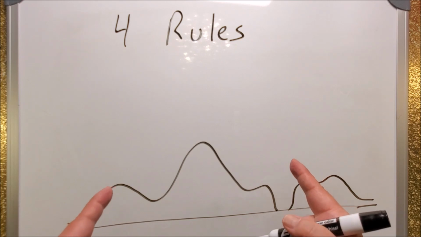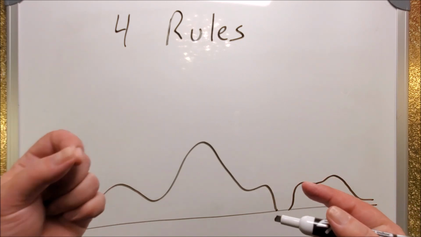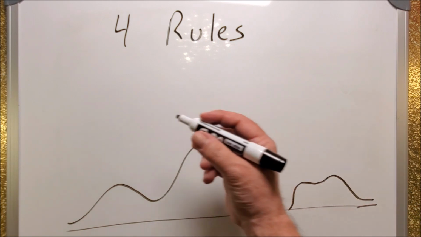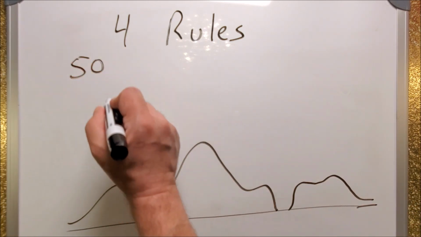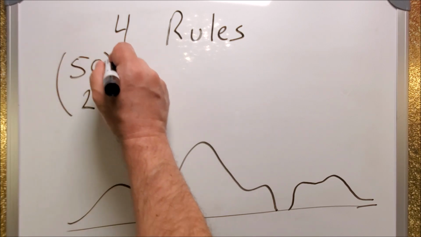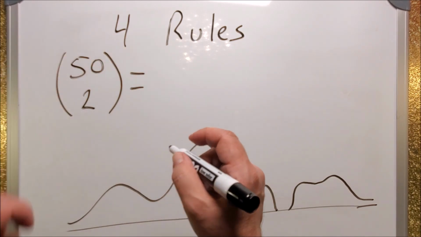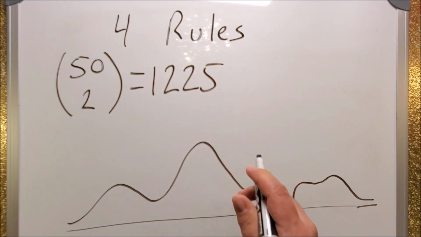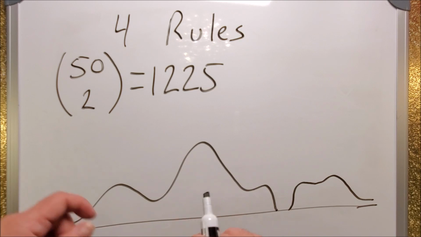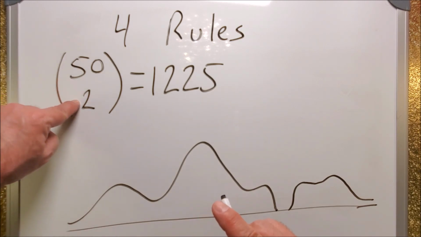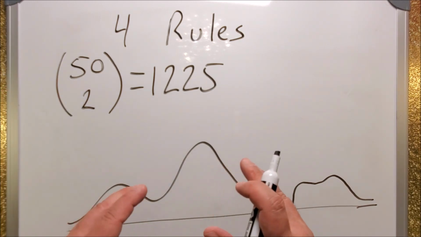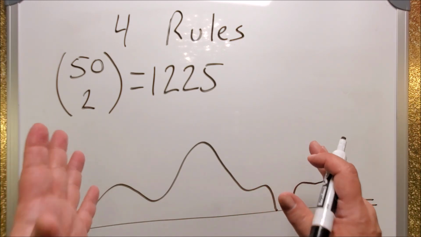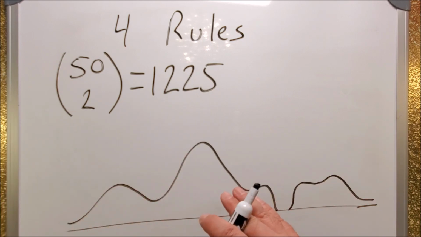Please remember that we have an enormous number of samples possible from a population. If you'll remember, when we had a population of 50 and we were taking samples of 2, the number of samples we had was 1,225. That's a lot. And as your sample size goes up and your population size goes up, you have this rapidly increasing number of samples possible, and they all have means.